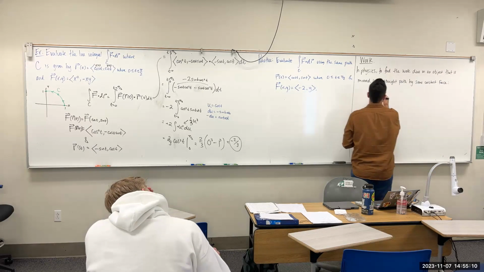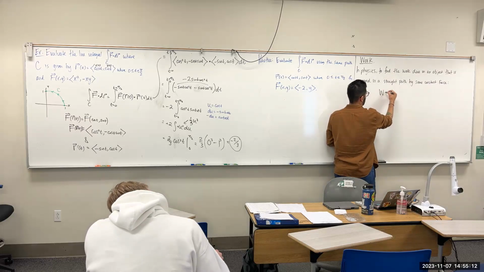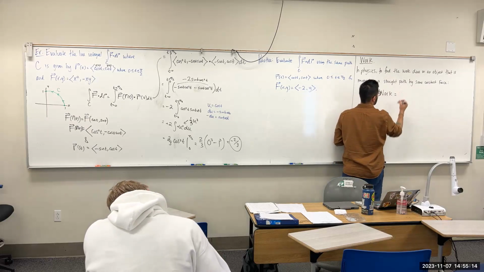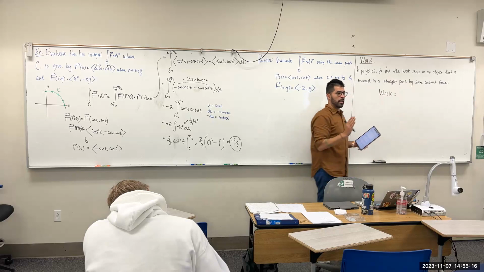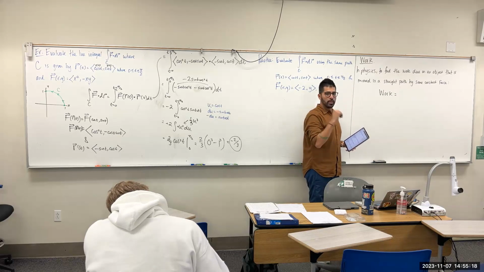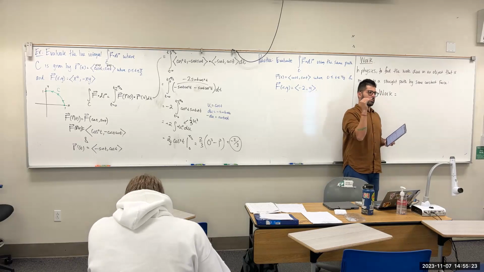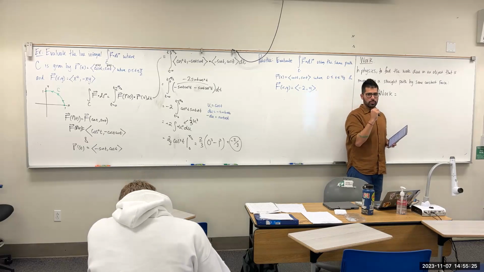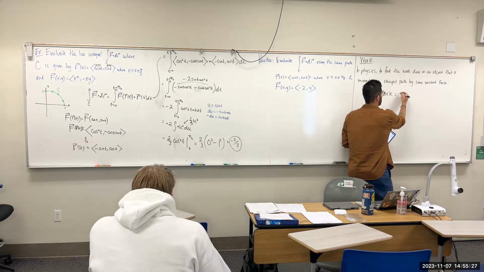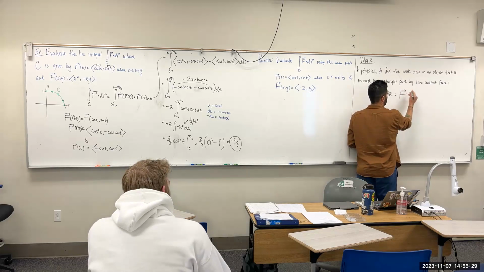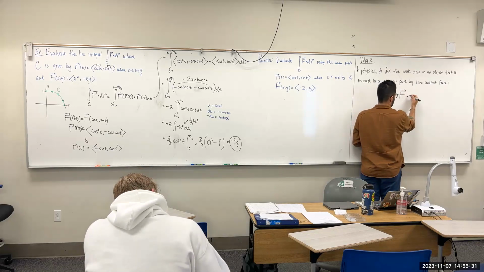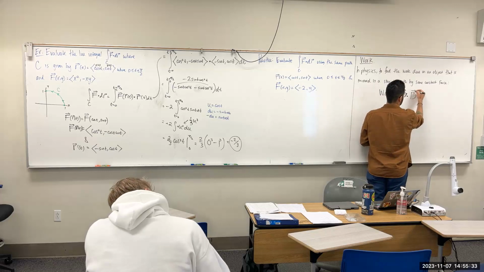The way you've been doing it is you multiply the force in the x direction with the displacement in the x direction, plus the force in the y direction times the displacement in the y direction. So that is where you naturally end up getting some force vector dotted with some displacement vector.